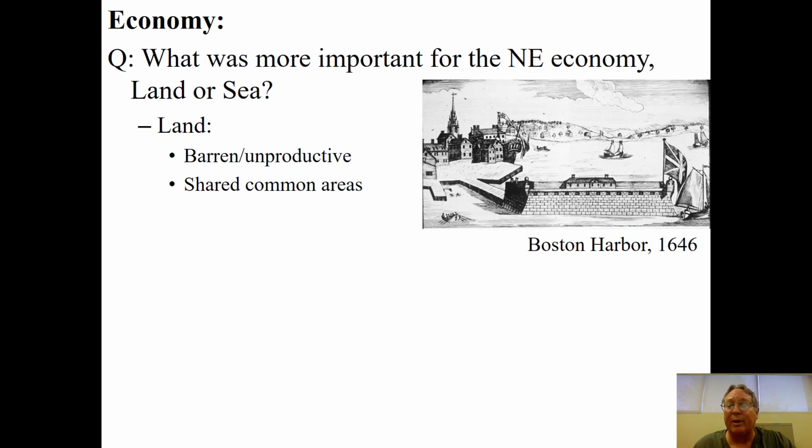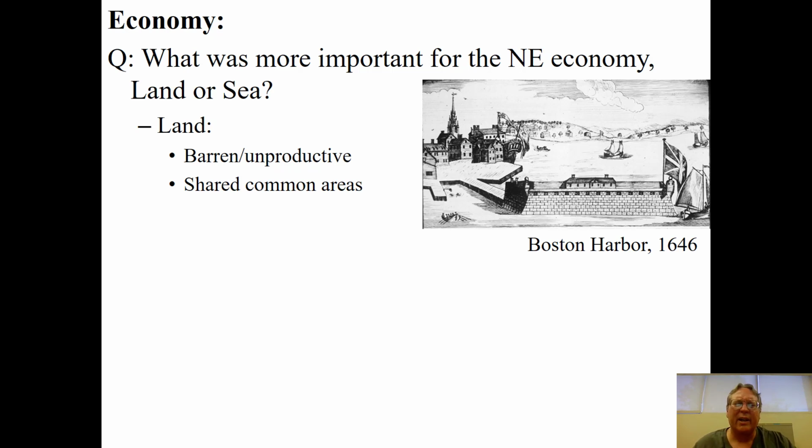Established in 1630, by 1646, there's about 20,000 people living there. By the early 1700s, there's 30,000 people living there. So Boston becomes the hub of this kind of commerce, if you will. It's where a lot of these ships are being built and sailed out of, and it becomes an important part of the English economy very quickly.